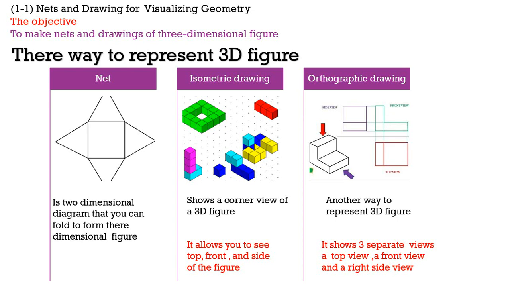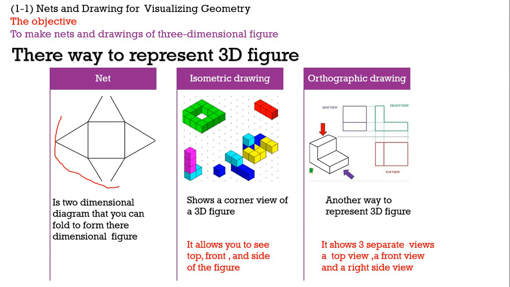If you fold this shape, you will see a pyramid. We learned something similar before in grade 7. I'll give you more details in the example, but let me first explain all the vocabulary that we have.